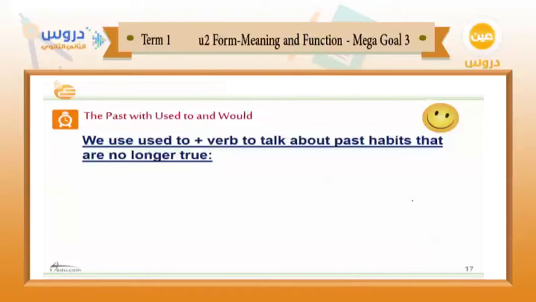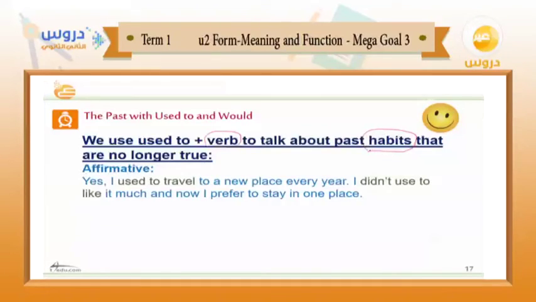We use used to plus verb, this time with a verb, not with be, to talk about past habits that are no longer true. For example, I used to travel to a new place every year. I didn't used to like it much, and now I prefer to stay in one place. So this is something happening in the past.